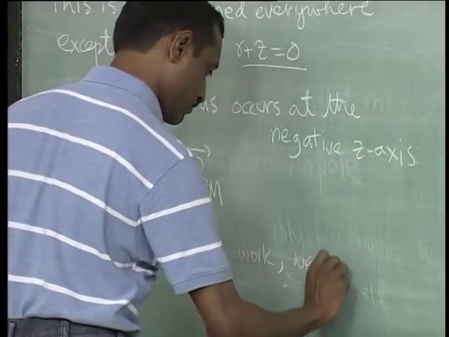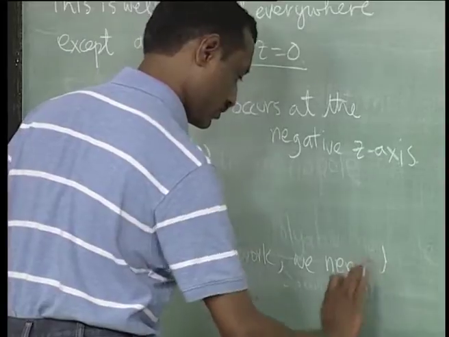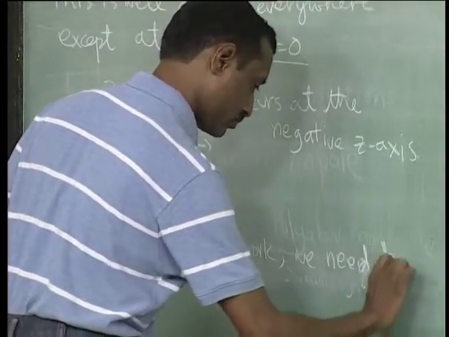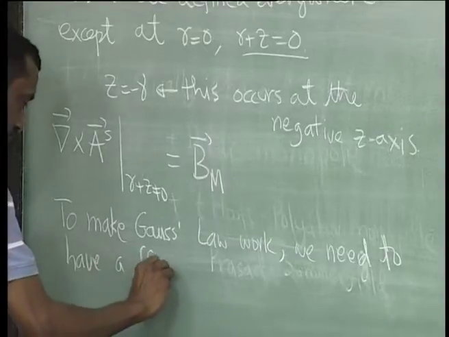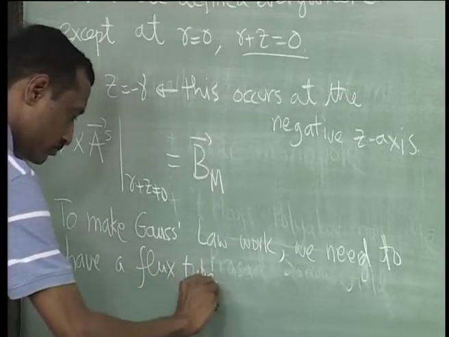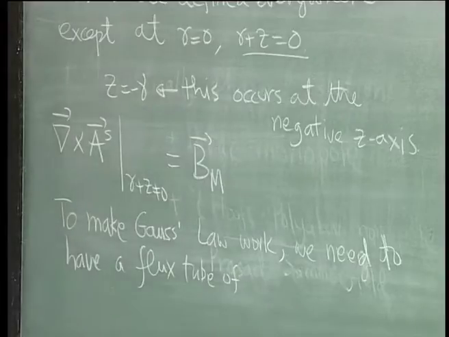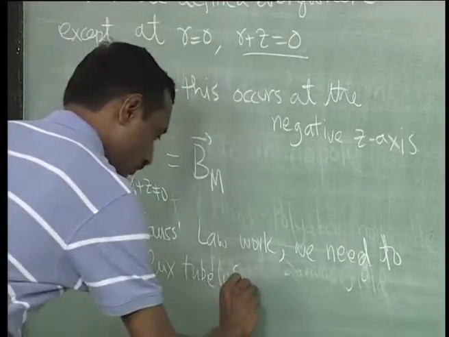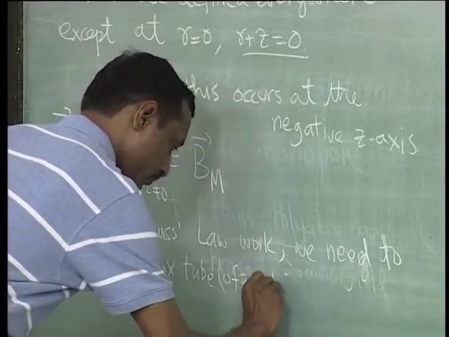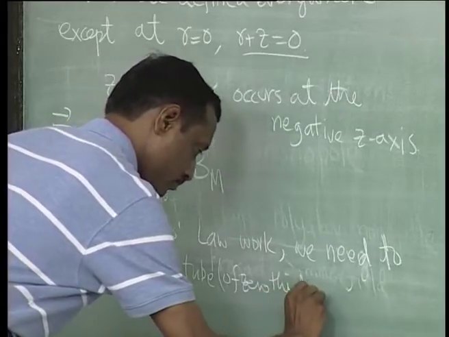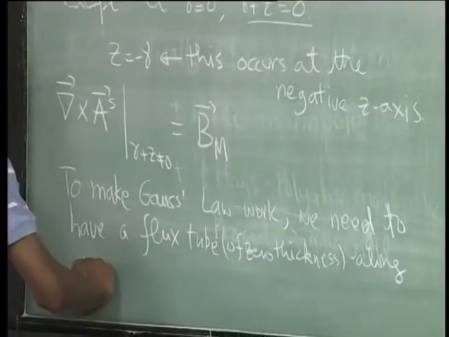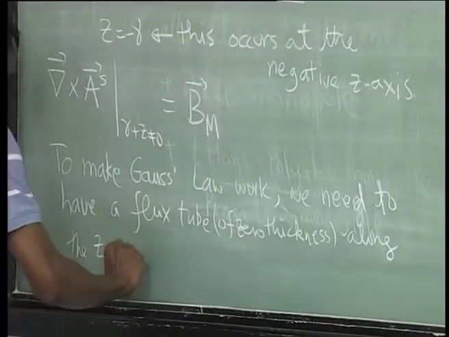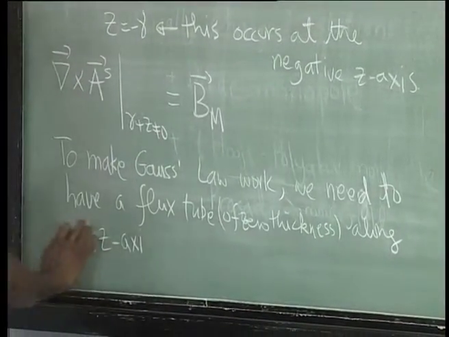we need to have a flux tube of 0 size, if you wish, of 0 thickness along the negative z axis.